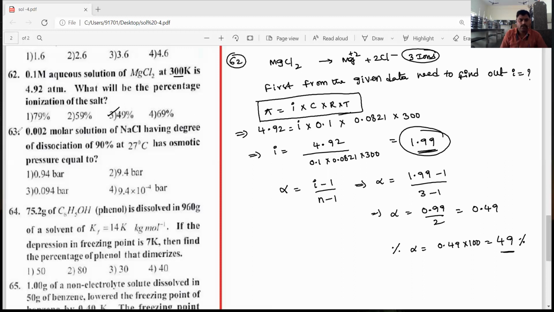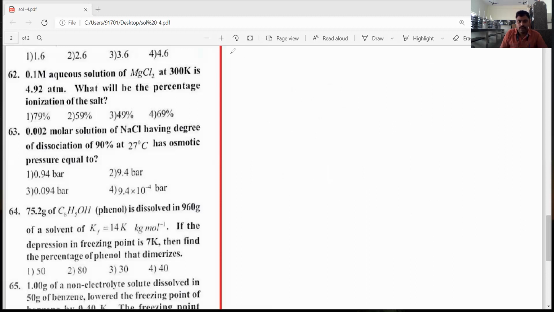Okay, dear students, let's go for the 63rd question. What is the given 63rd question? The given question is a 0.02 molar solution of NaCl. Its degree of dissociation is 90% at 27 degrees. Then we need to find the osmotic pressure in bars. Okay, NaCl is ionized to give Na plus and Cl minus, and alpha equals 90%, which means 0.9.